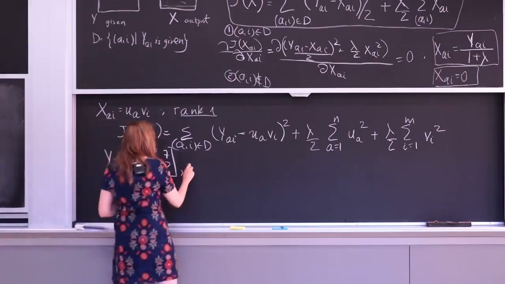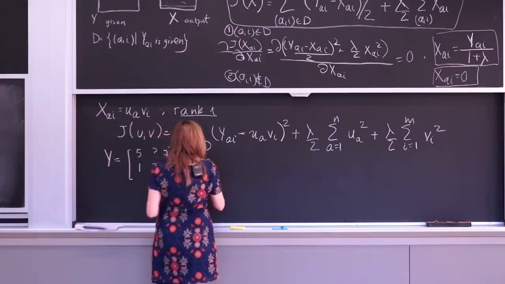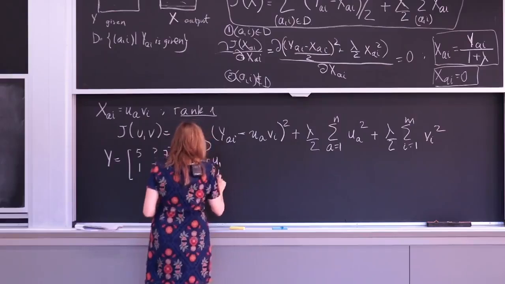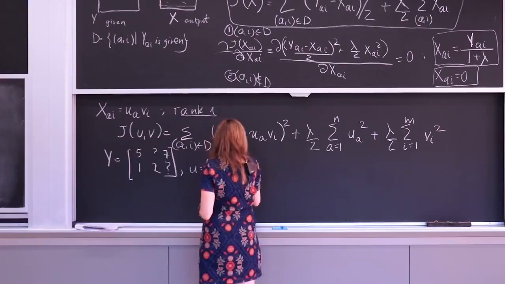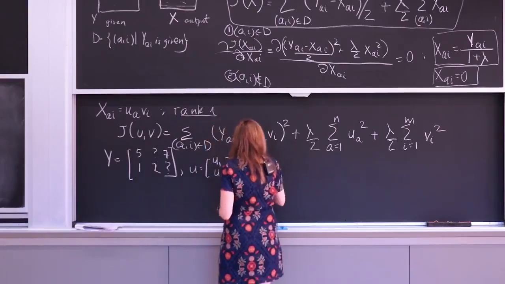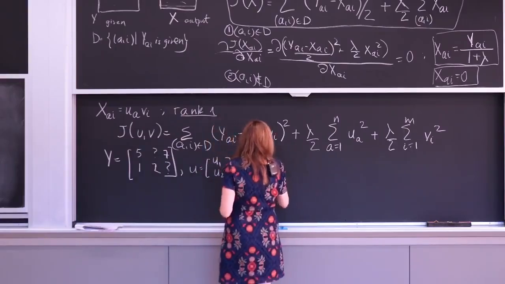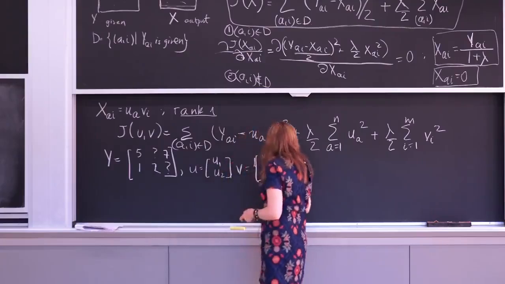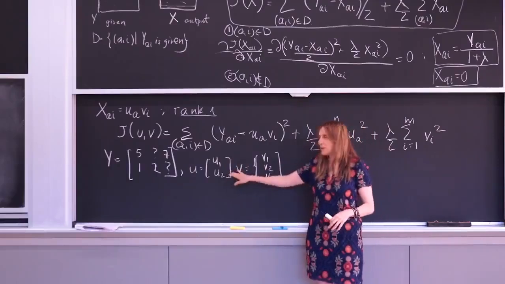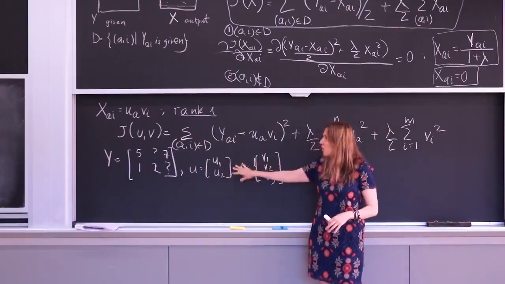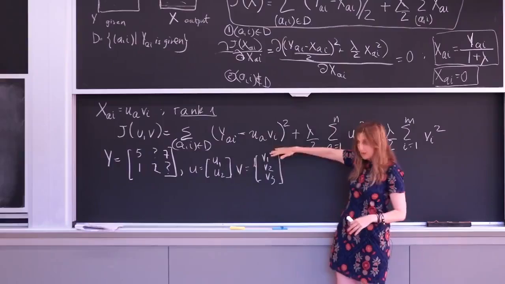Our goal is to find u, which in this case, since we're making the assumption of rank 1, is a vector u1, u2, and v, which would be the vector v1, v2, v3. That is what we are trying to estimate, with the goal to minimize this objective.